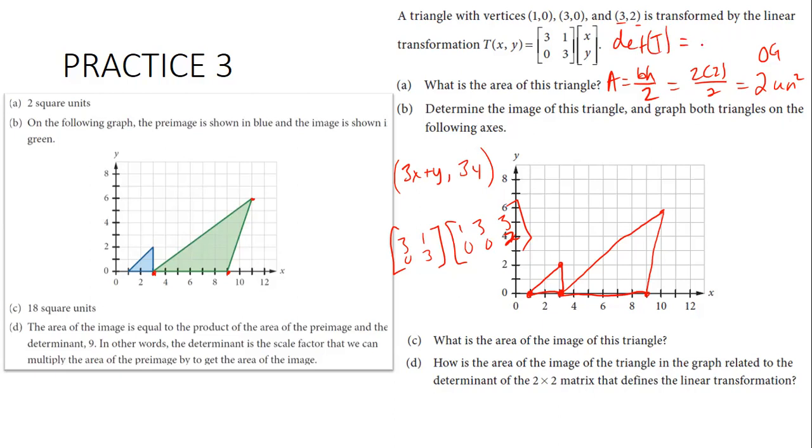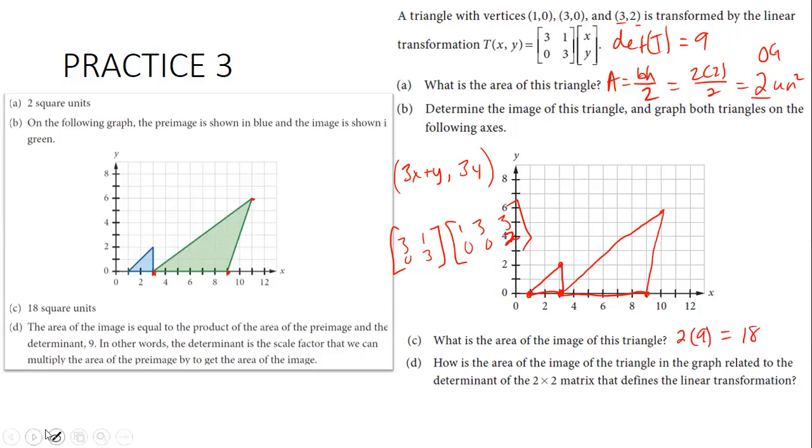We cross multiply and subtract. What do we get? 9, because we get 9 minus 0, which is just 9. So the area of this image is going to be your original times your determinant. What was our original? What was our determinant? And that gives us 18.